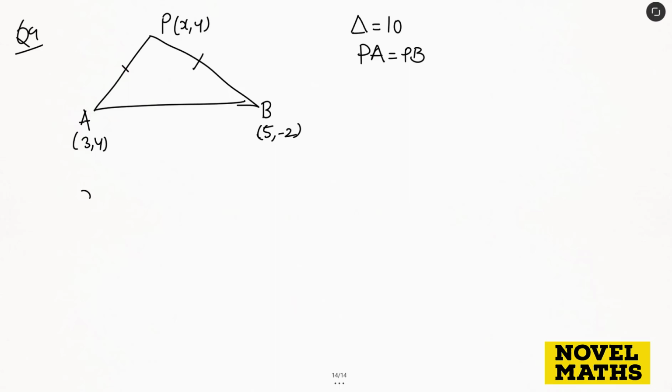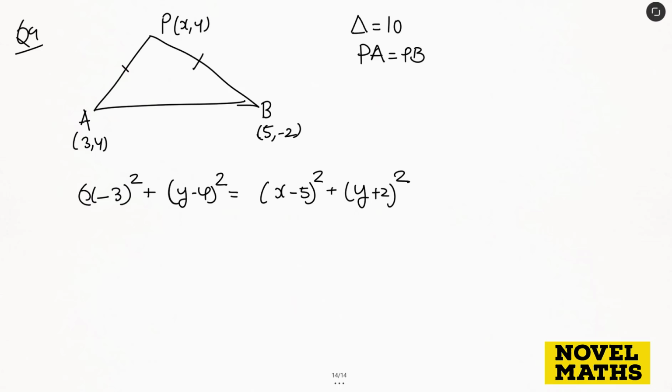X minus 3 square plus y minus 4 square equals, the good thing is the distance formula, if the equation is this kind of thing, x square and y square will be cancelled out and you will get equation in x and y without any x square and y square. X minus 5 square plus y plus 2 square. If you simplify this, you will get x equals 3y plus 1.